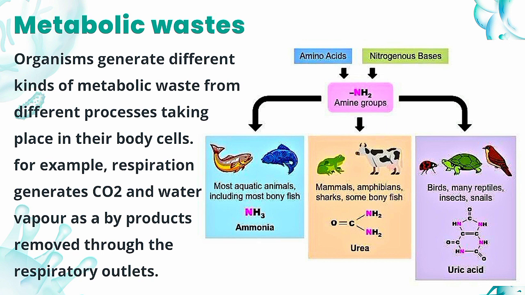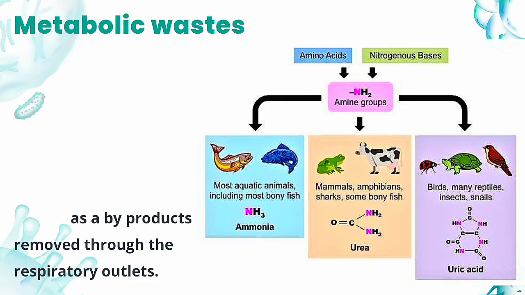Urea is generated by mammals, amphibians, sharks, and some bony fishes. Next is uric acid, which is an excretory product in birds and many reptiles, also insects and snails. All these are amino acid byproducts and nitrogenous base byproducts.